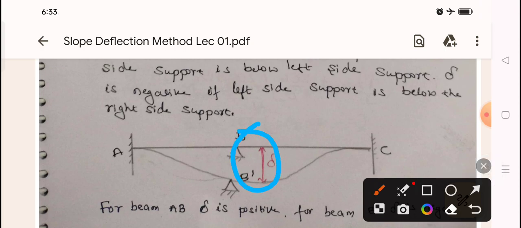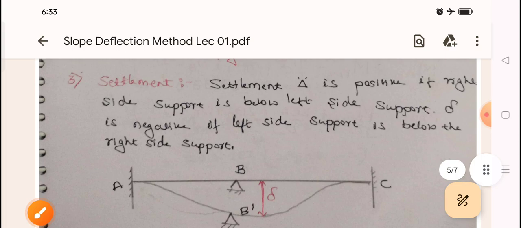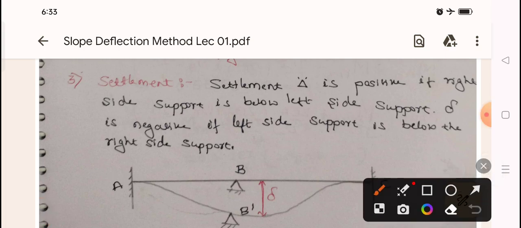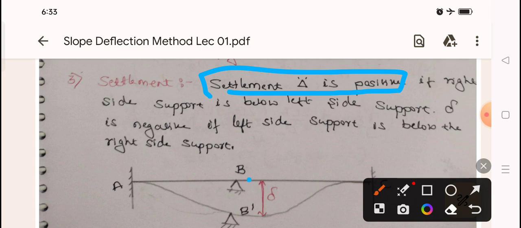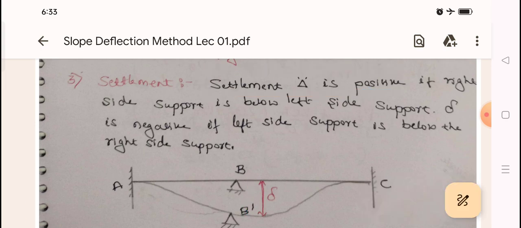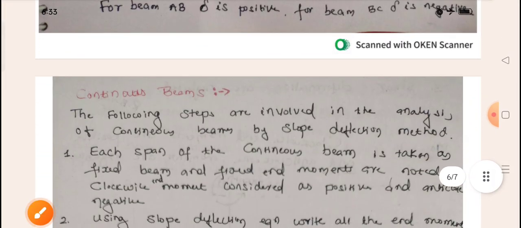Here the support is below the left side support, so that's why the delta is taken as negative. Once again I will read, you don't get confused. Settlement delta is positive if the right side support is below with respect to the left support. This is the thing you have to remember. Don't get confused. Okay, next.